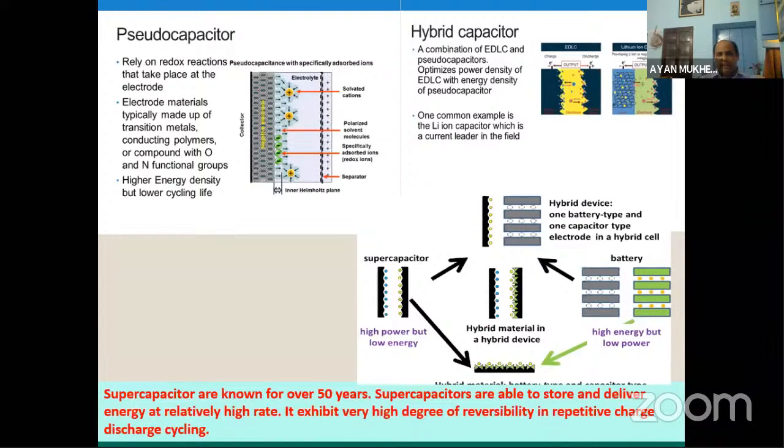And the third one is the hybrid type of capacitor, where both pseudocapacitor and EDLC type of materials are used. That is, if I use an anode of EDLC material, then the cathode will be of pseudocapacitor material. This helps to get a capacitor which has both high power density and energy density.